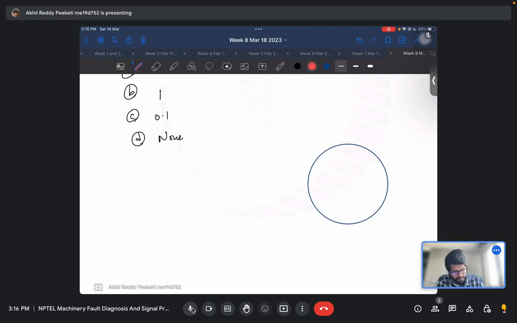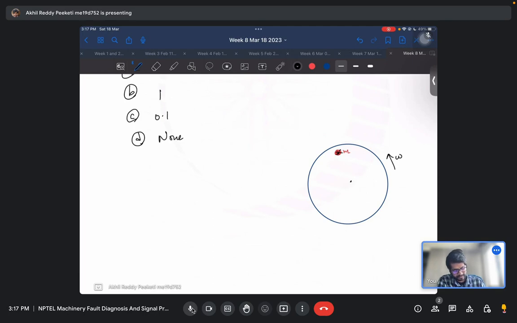Now let's add some extra mass in here. Now as this is rotating with some angular speed omega, what will be the extra force experienced by this mass?